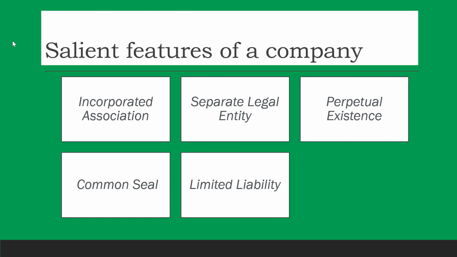So limited liability is basically that the shareholders who invest money in the company are only liable to the extent of the money they have given to the company. If the company suffers losses, the shareholders will not be asked to bring in more money to meet its liabilities. So the maximum they can lose is the money which they have invested.